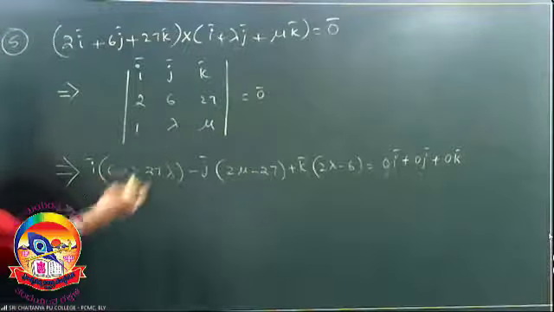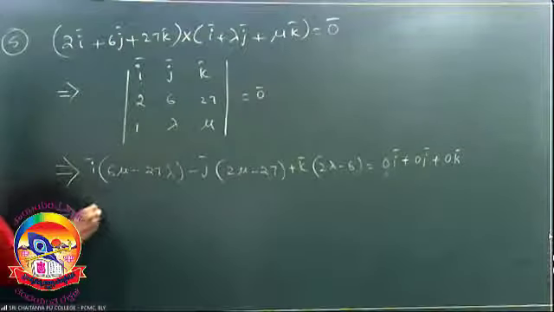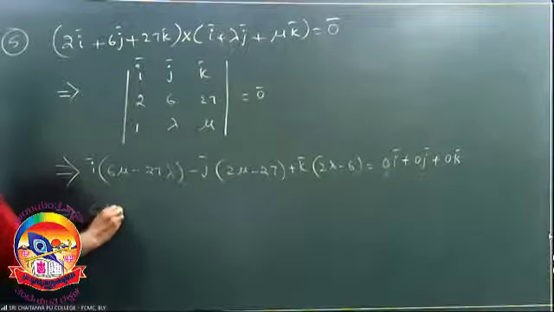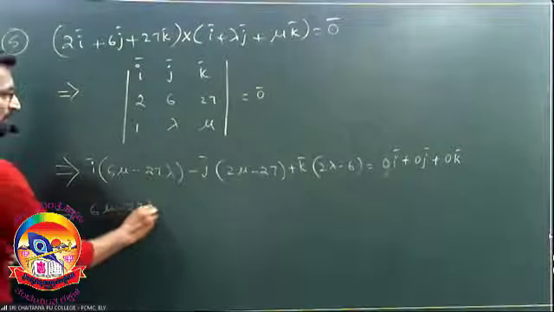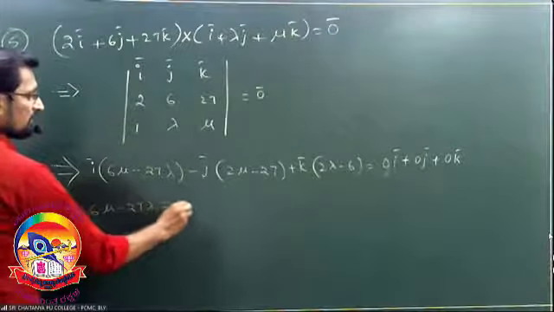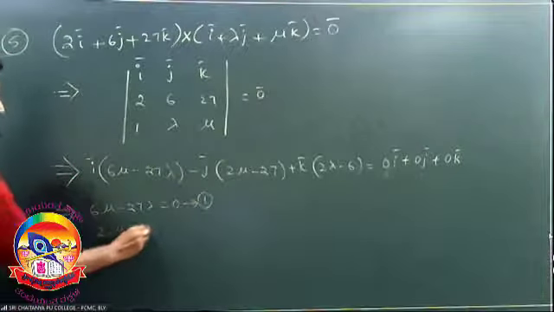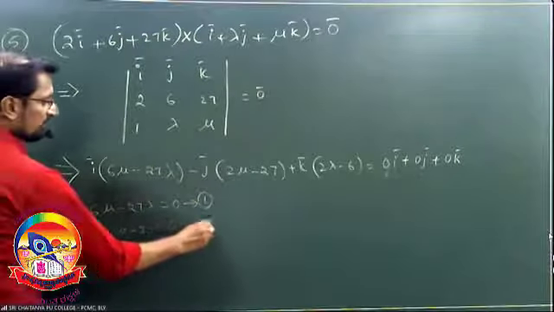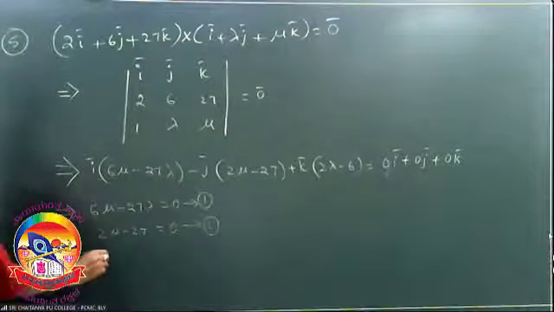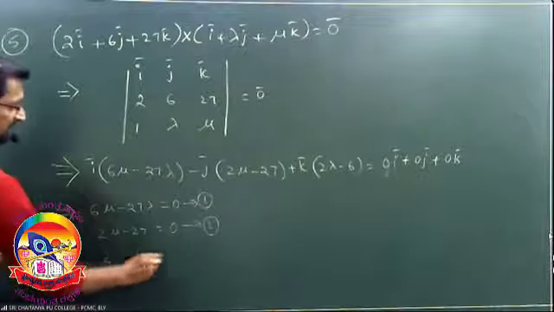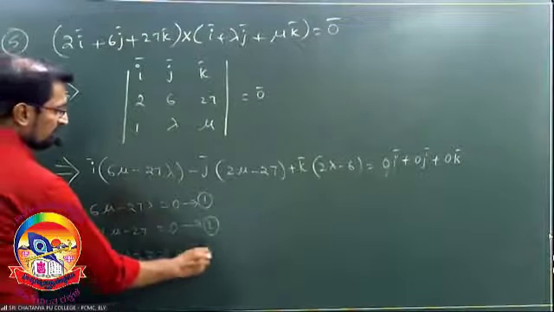Comparing i bar, j bar, k bar on both sides, you are going to get 6 mu minus 27 lambda is equal to 0. This is 1. 2 mu minus 27 is equal to 0. This is 2. Now, 2 lambda minus 6 is equal to 0. This is 3.